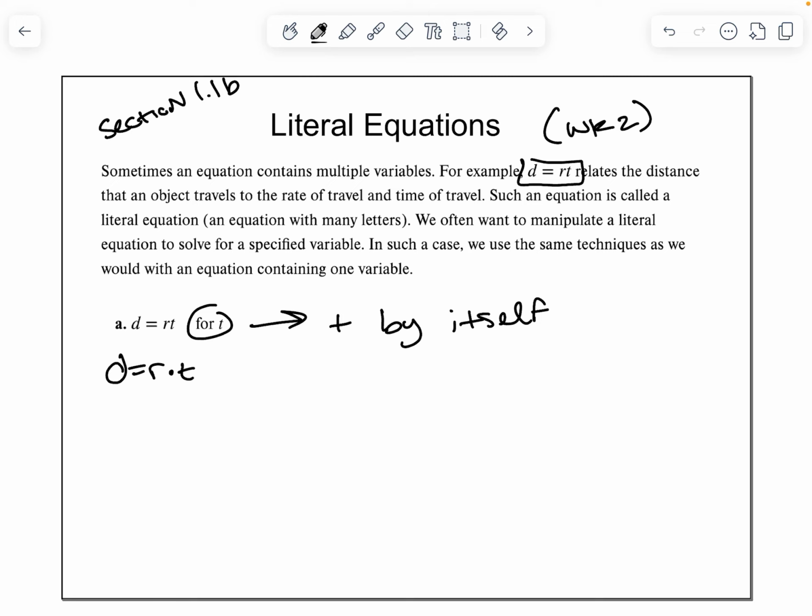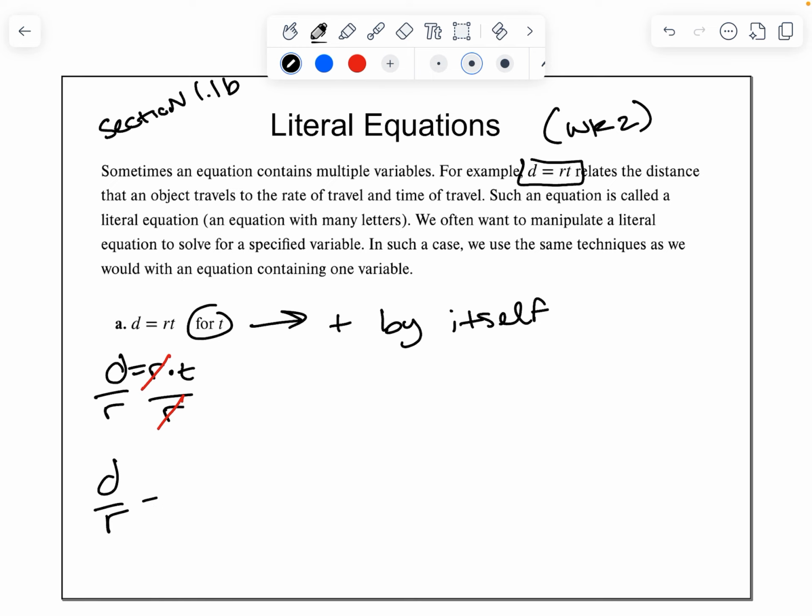If we want to get rid of a multiplication, the inverse of multiplication is division. We want t to be by itself, so we can divide by r. And just like with regular numbers, r over r is just equal to 1. And so we have d over r equals t.